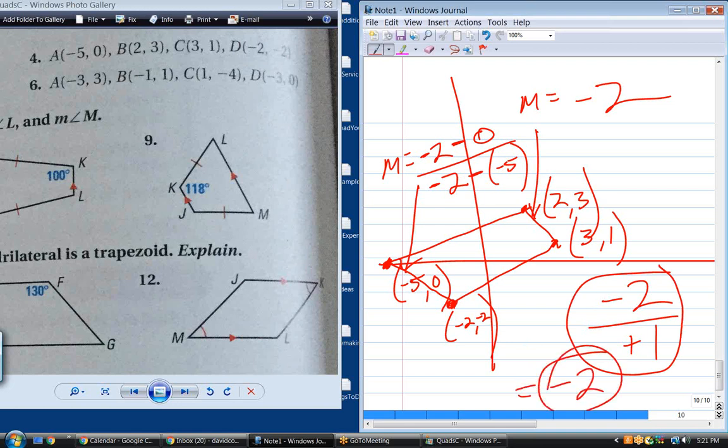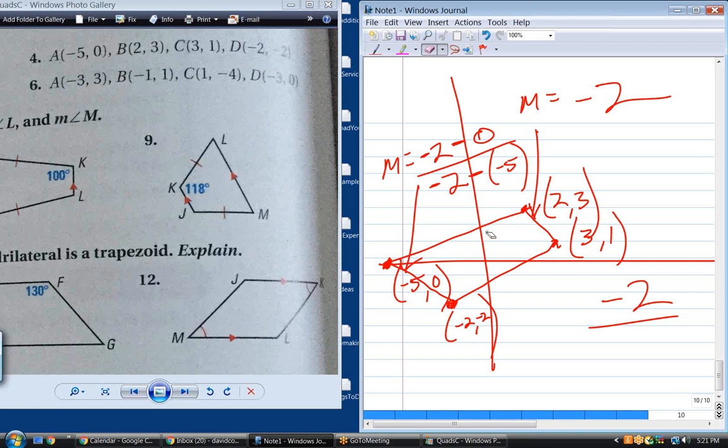Same slope. Minus 2 minus a minus 5, wouldn't that be 3? Oh, you're right. When I first did this problem, I said those two slopes aren't the same, and then I convinced myself that that was a plus 1. But no, you're absolutely right. It's plus 3 in the bottom.